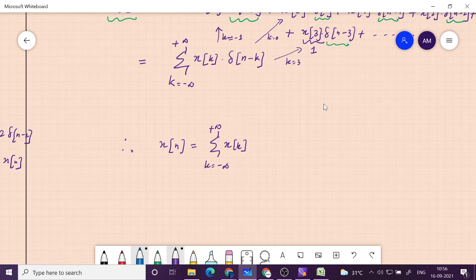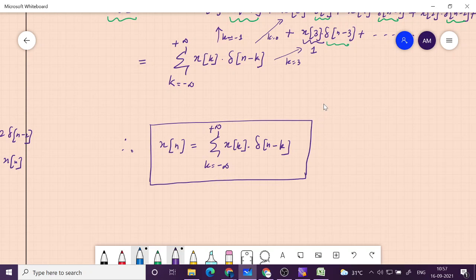Amplitude scaling is multiplication with x of k, and shifting is delta of n going to delta of n minus k. This is what we wanted to show, and we have now shown it. Is that clear?